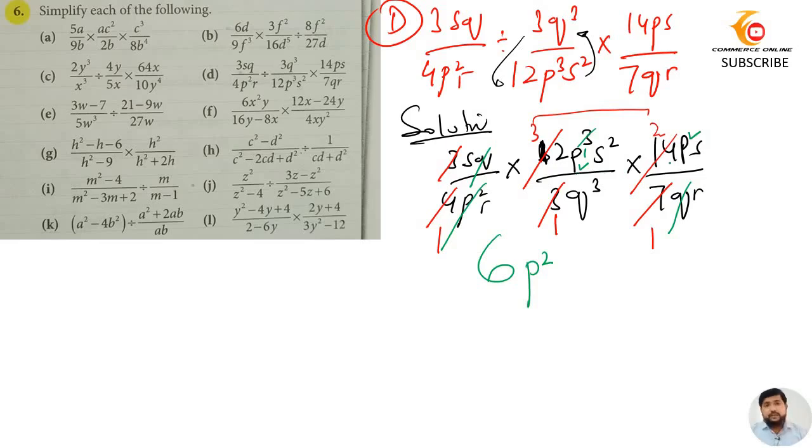When base is the same and multiply function is applied, we will add the power. Here the power of p is 1 and the power of p is 1. So p1 plus 1, that will become p square. Now s square multiplied with s, that will become s cube, and this s, that will become s4.